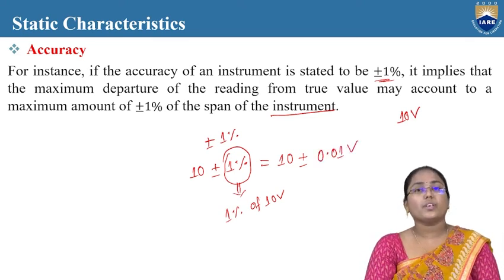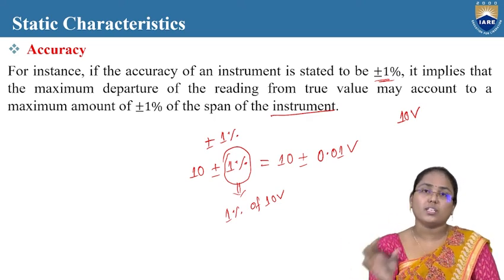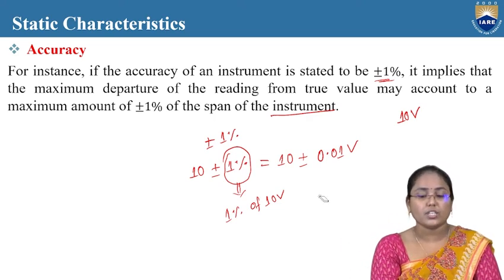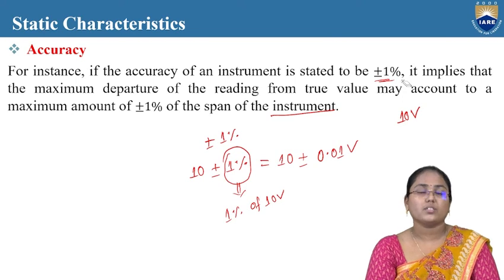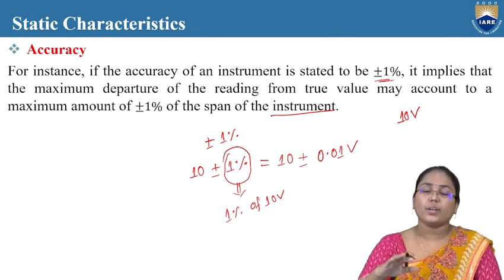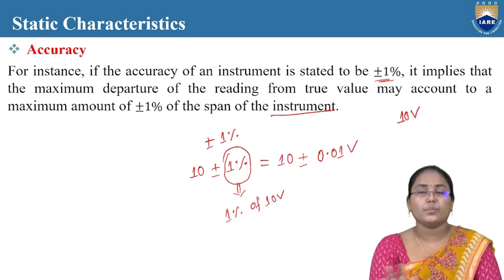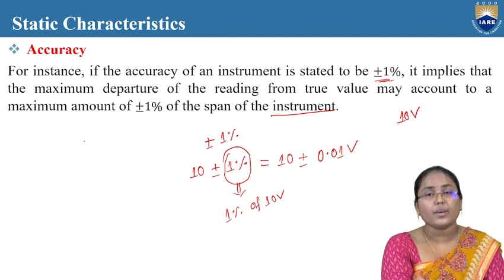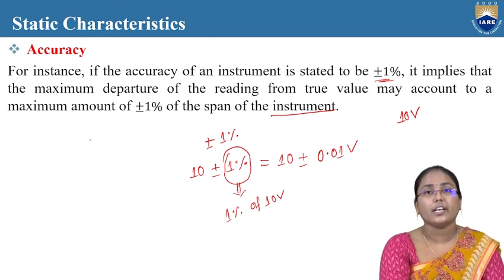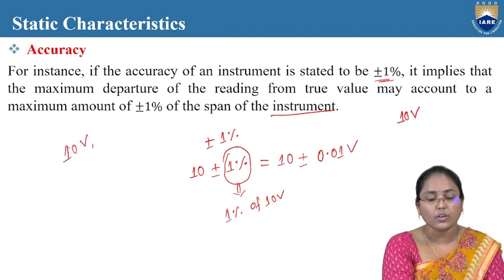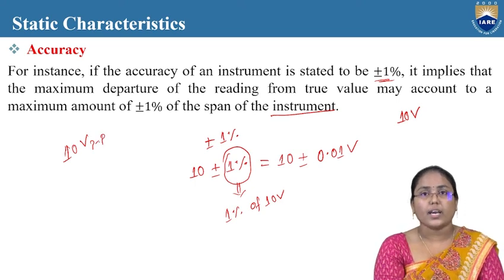So the accuracy of an instrument is stated to be plus or minus, so the reading can be greater than the actual value by 1% or less than it by 1%, as stated for the particular instrument. Whenever we measure, if the instrument is intended to measure a 10 volts peak to peak value, then the value might actually be 10 plus or minus 0.01 volts.